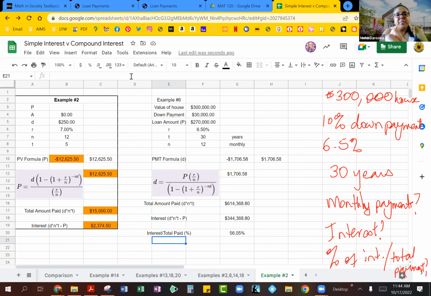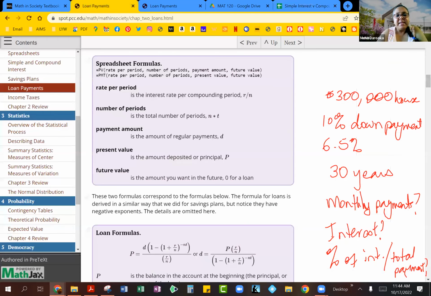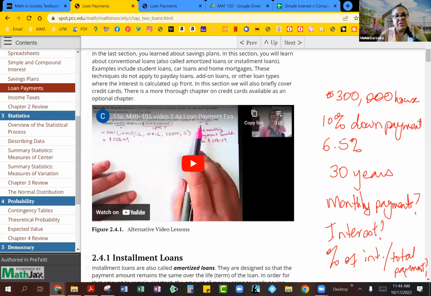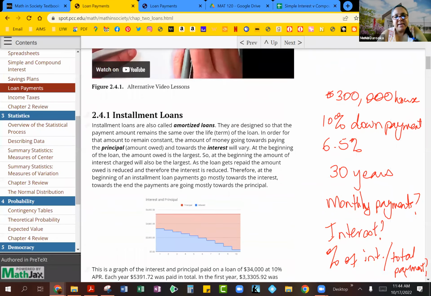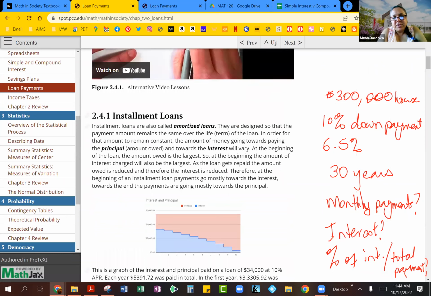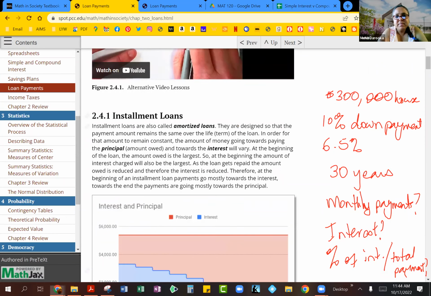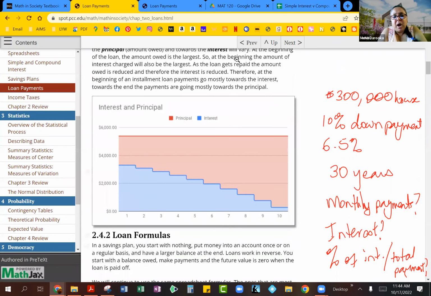And that's what we had talked about right at the beginning of this section, with that little graph that they had. For that first part, you are paying a big chunk of your money towards the interest, because remember, at the beginning, all of that money goes towards interest. And as time passes, the interest amount goes lower and more of your payment goes towards the principal.